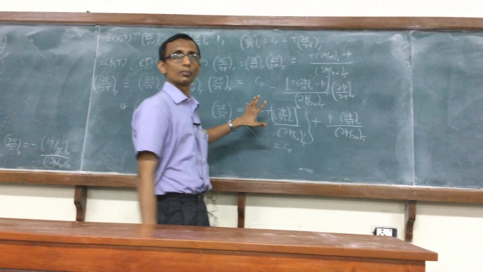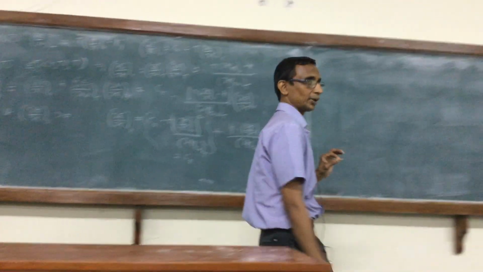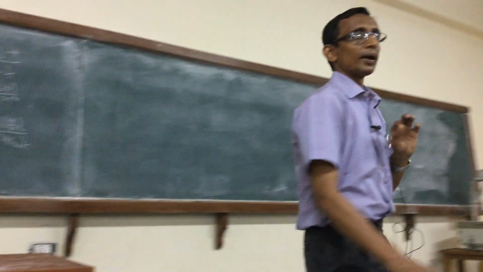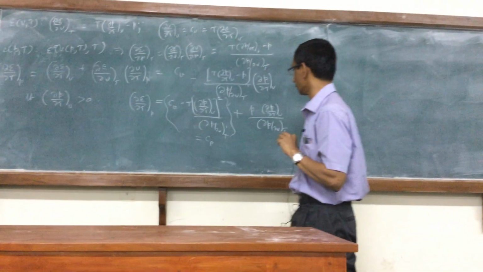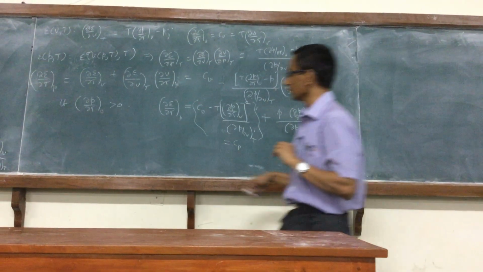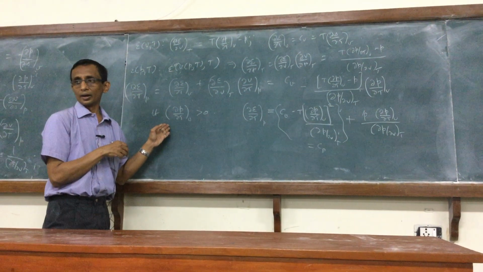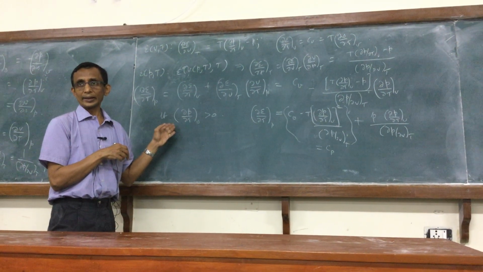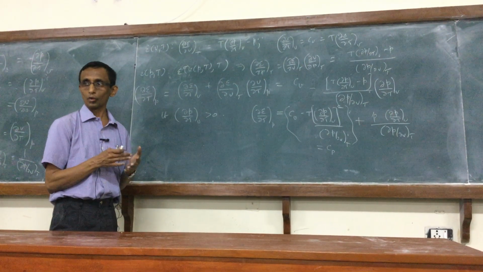One case is where dP by dT will actually be less than 0, and in that case, of course, dE by dT would be different. But if dP by dT is greater than 0, this is typically the case, for the ideal gas equation of state dP by dT is R over V, which is always greater than 0, right?